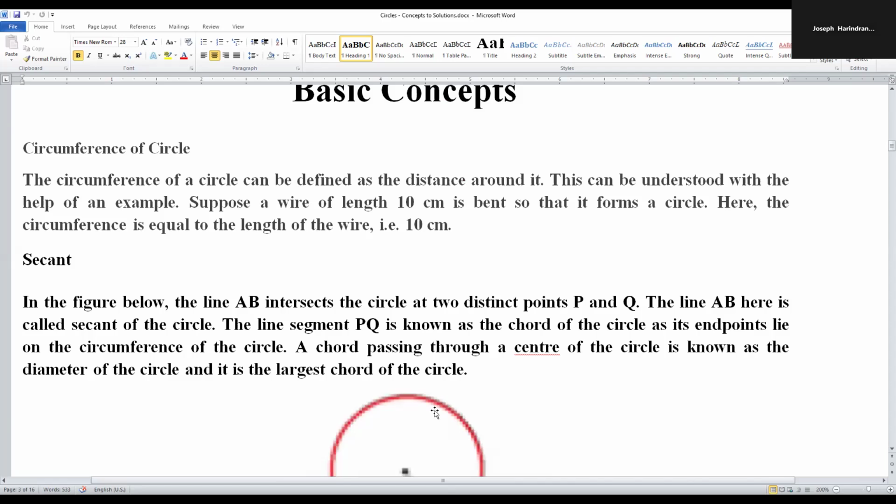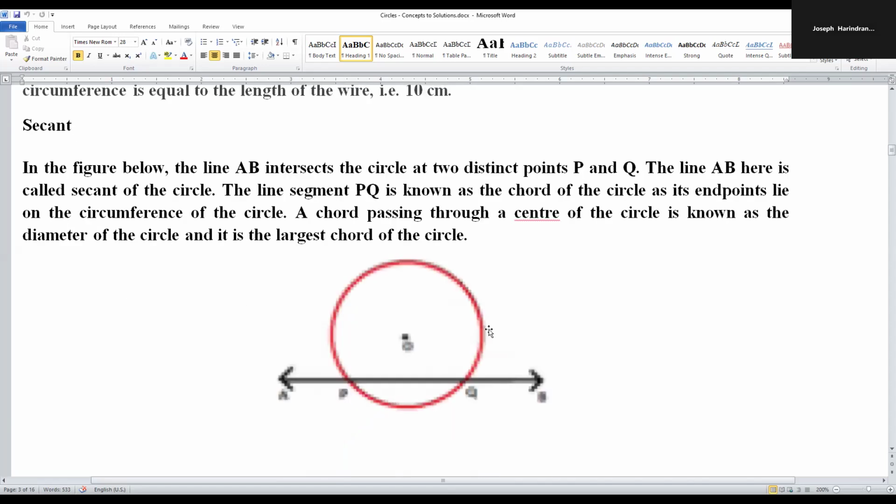Secant. In the figure below, we show a circle and a straight line that intersects the circle at two distinct points on the circle itself. You have P and Q. AB is the line which intersects the circle whose center is O at two distinct points P and Q. Hence, AB is called the secant of the circle.